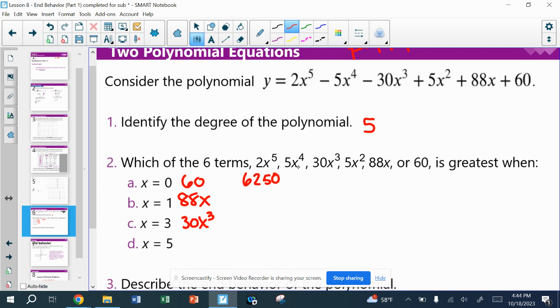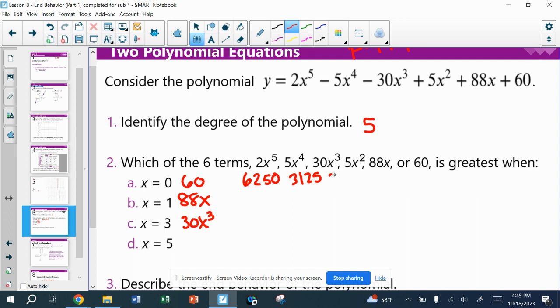When I do 5x to the 4th, 5 to the 4th power is 625 times 5. That's only 3,125. I can check that next one. 5 to the 3rd power is 125 times 30.